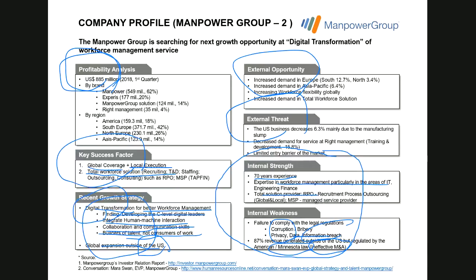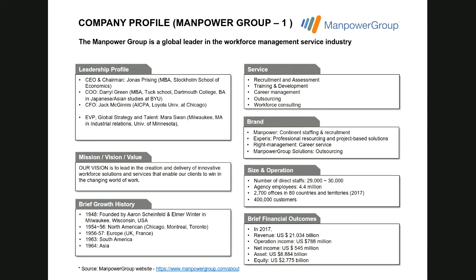So, based on this framework of the internal analysis, maybe you can identify how a company is doing, what they are doing, and what their strengths are. We call this company analysis.